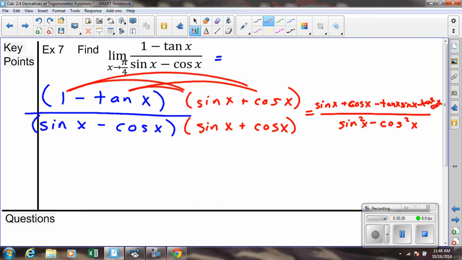It gets a little bit better though if we rewrite this in terms of sines and cosines. We would have sine of x plus the cosine of x minus, and tangent is sine over cosine, multiplied by sine of x, minus sine over cosine times cosine.